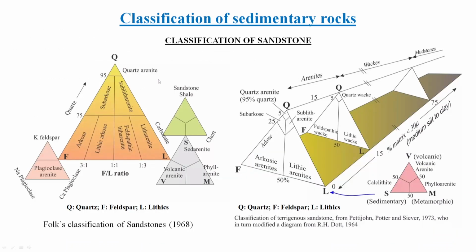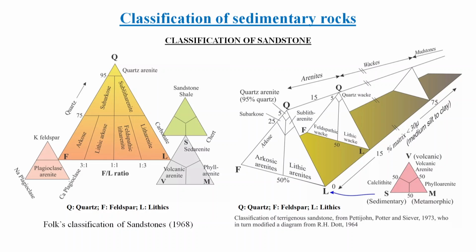And then you have these different schemes of classification of sandstone based on the percentage of quartz, feldspar and the lithic fragments. Similarly, this classification by Dott shows the presence of quartz arenite, subarkose, arkose, arkosic arenite. So these are the different classification schemes, and obviously it is a matter of detailed discussion, not at the fundamental level.